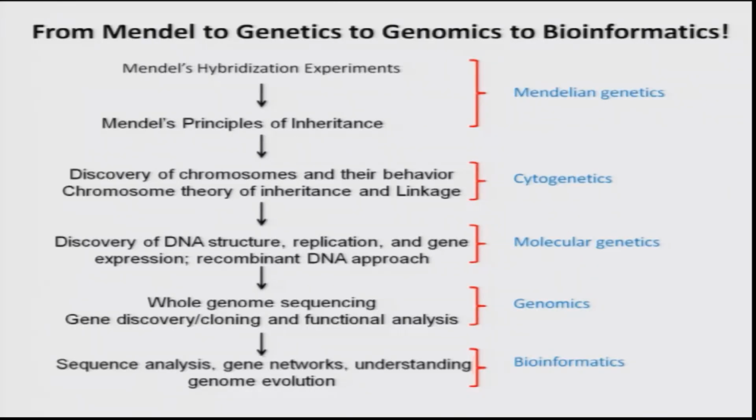So, this is what we call them now. Mendel's hybridization experiments and principles are called Mendelian genetics. The behavior of chromosomes during cell division, either mitosis or meiosis, is classically called cytogenetics. When you look at DNA molecules, manipulate them, change them, it is molecular genetics.